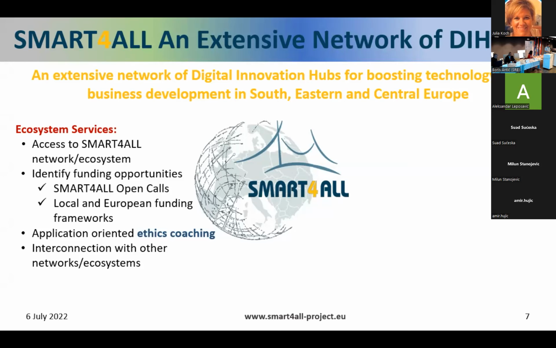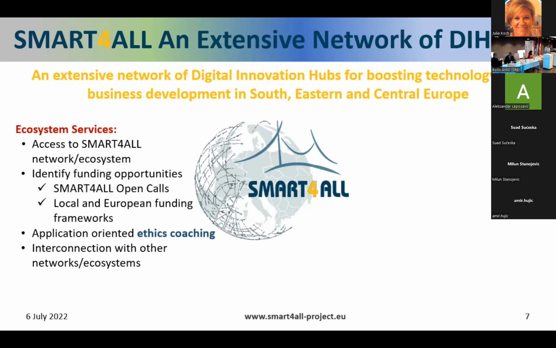One important part regarding our service is that we're highly interested in ethics. So we're offering ethics coaching to our members, but practically speaking, the coaching is mainly offered to the companies that are awarded an open call, that have submitted to an open call, and get the funding for implementing their application experiment. And in parallel to the funding, we are also offering services such as coaching.